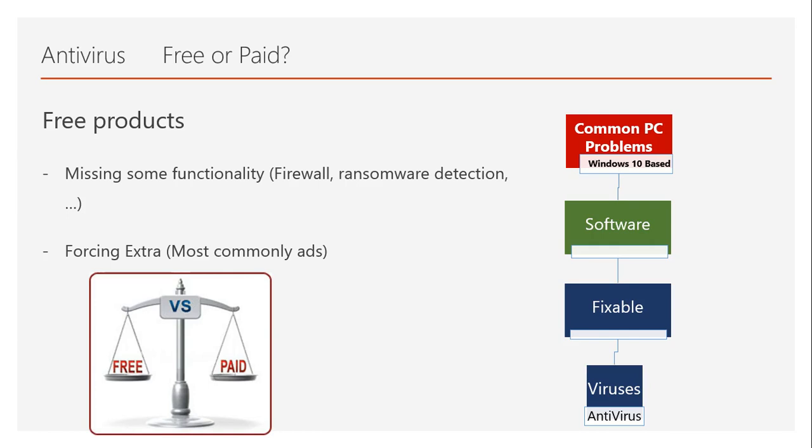If they are missing something, for example firewall or ransomware detection, it is not going to cover the security of your system 100%. The other ones can be forcing some ads on you. Normally they are ads for the same antivirus, asking you to pay for it, and finally you're going to give up and most likely buy the antivirus.